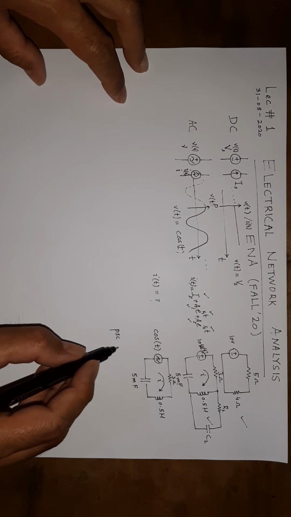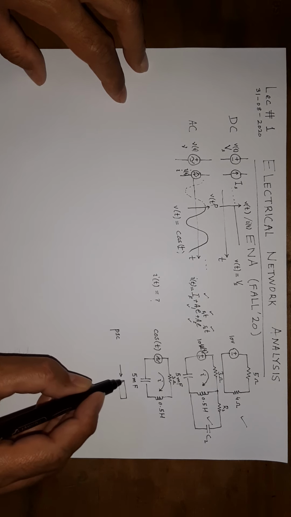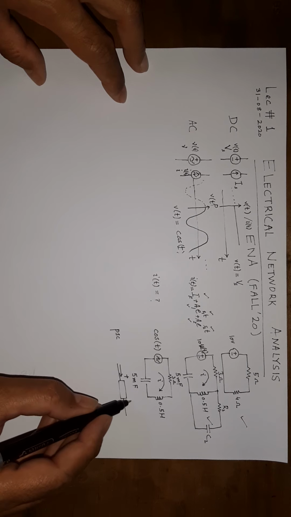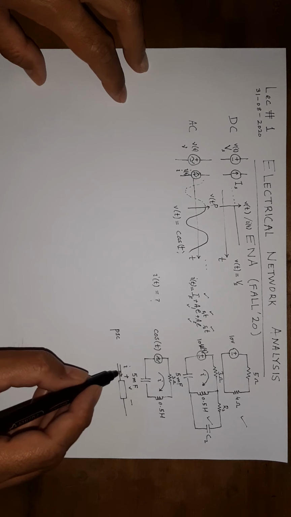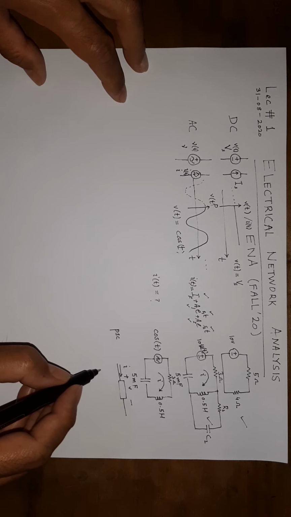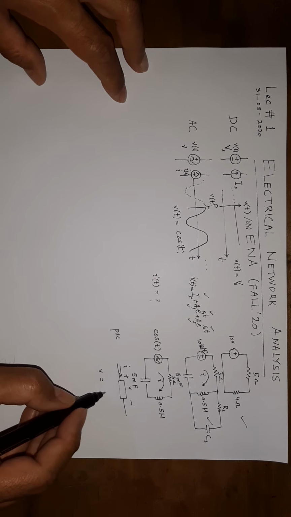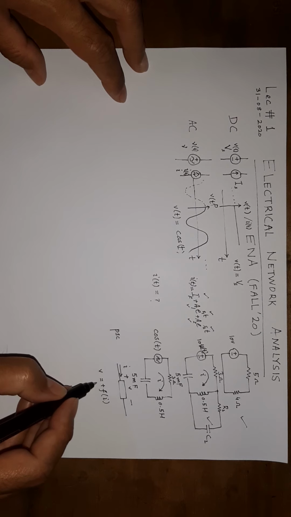Passive sign convention says that when the current enters something from the positively marked terminal, then the expression for the voltage as a function of current gets a positive sign.